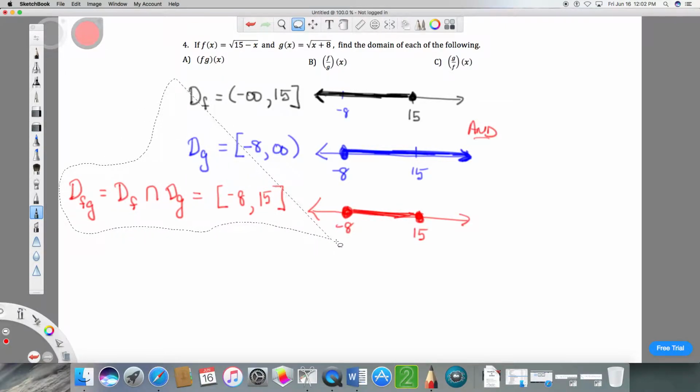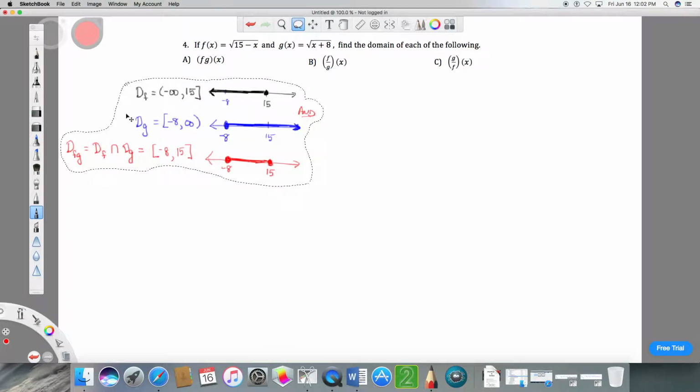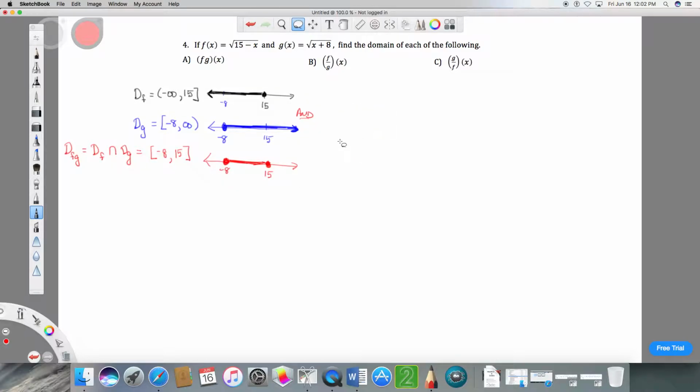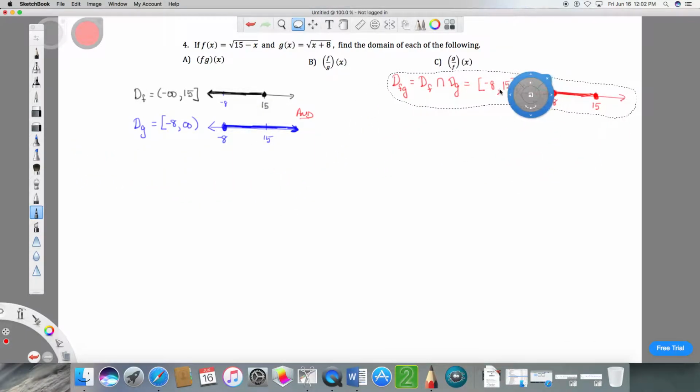We do know that it will be the same, or it will have some additional restrictions. I'm going to move this off to the side. I really won't need it to find my answer for part B.